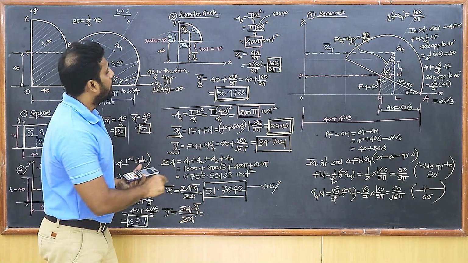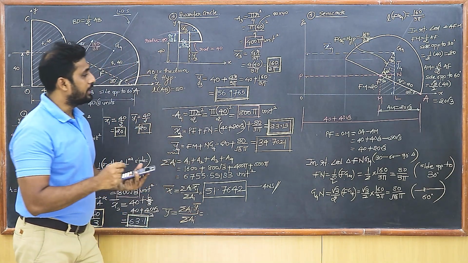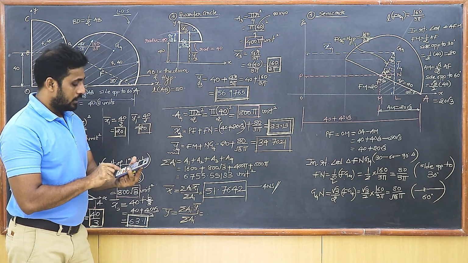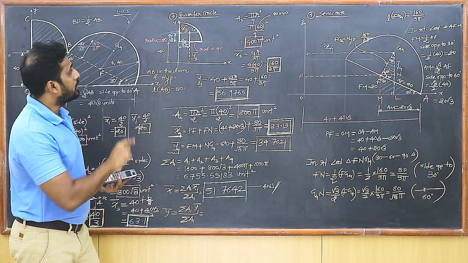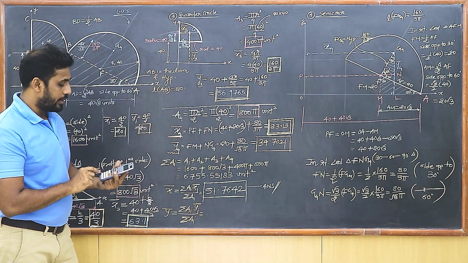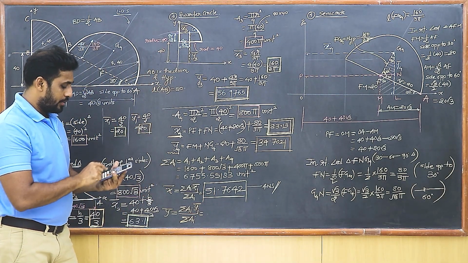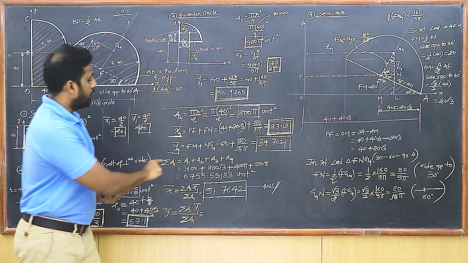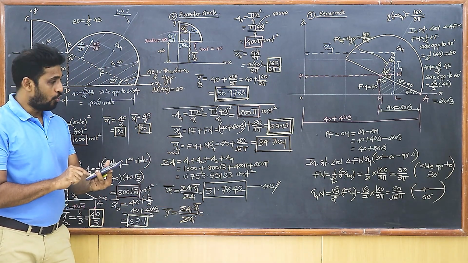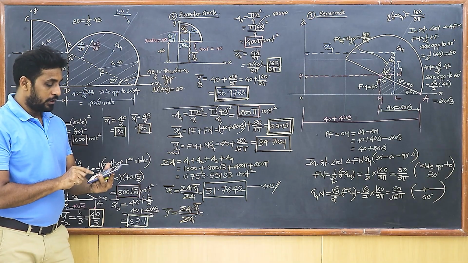Then students, plus A3, that's 400 pi, isn't it? A3 into y3 bar, that's 56.9765. Then plus A4 into y4 bar. So that's 800 pi multiplies with y4 bar, which is 34.7021.